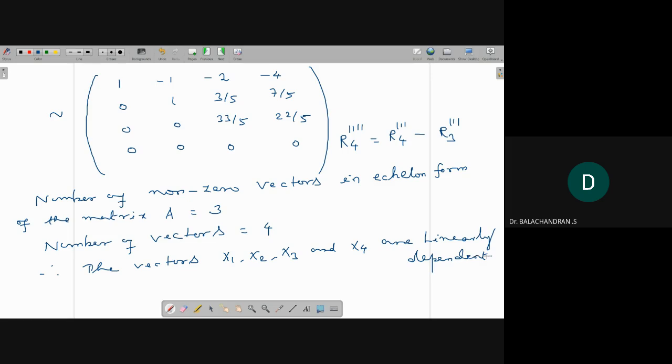Okay, but they are also asking for the relation. So R4 4 dash is equal to 0. I'll start from here.